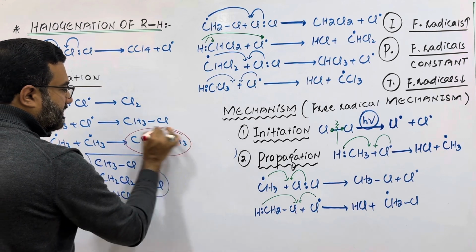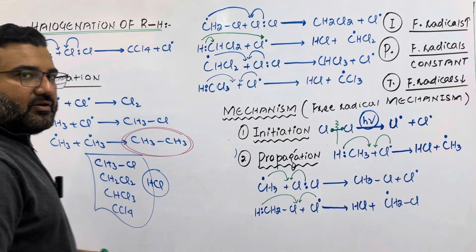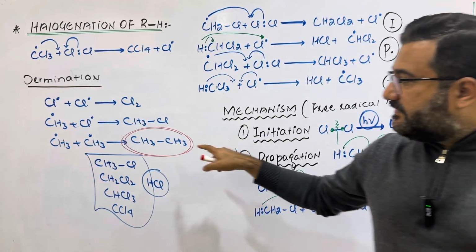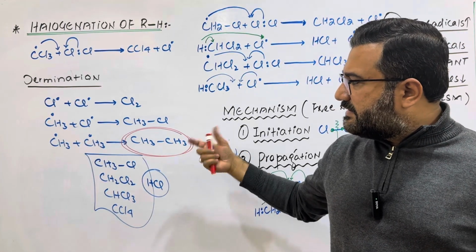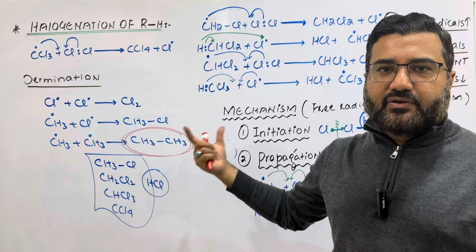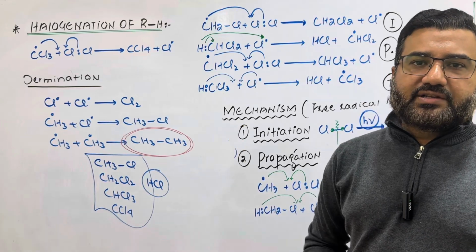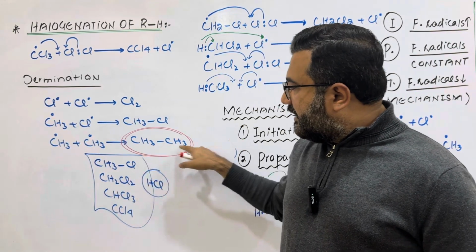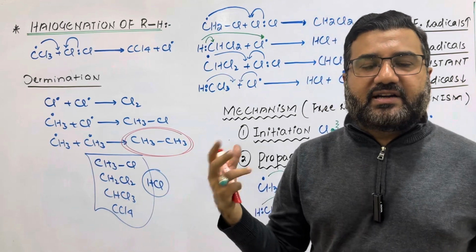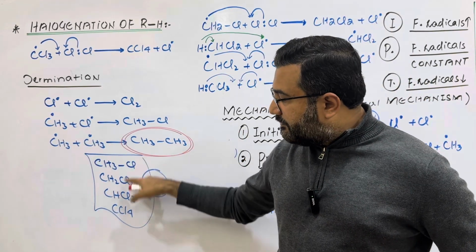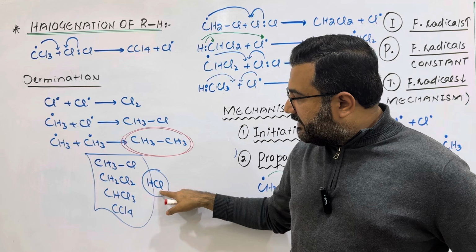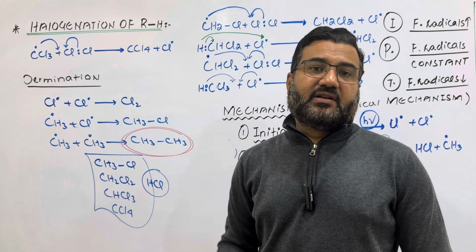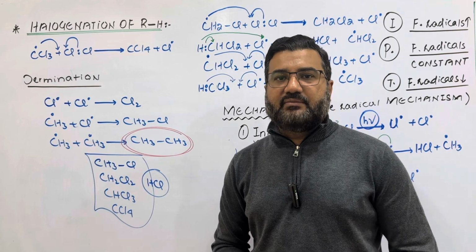So ethane is also a product of the chlorination of methane. Keep in mind this one, because sometimes the question is asked which of the following is produced as a result of the chlorination of methane. The options are CH3Cl, CH2Cl, and CH3CH3. So students get confused because they only memorize these products, but they forget that ethane is also one of the products of the chlorination of methane.